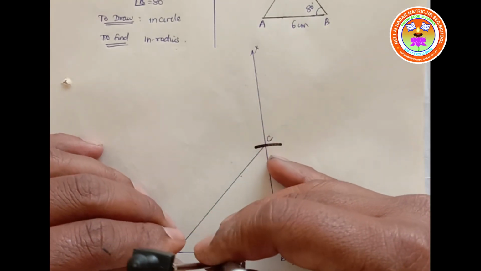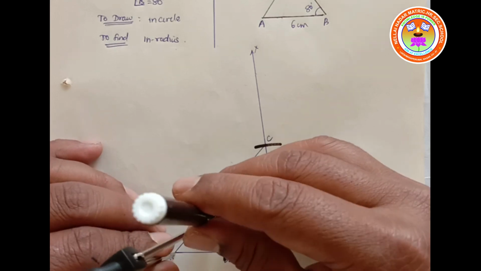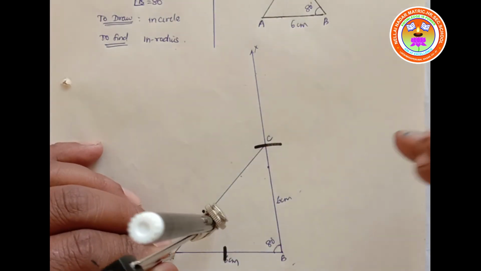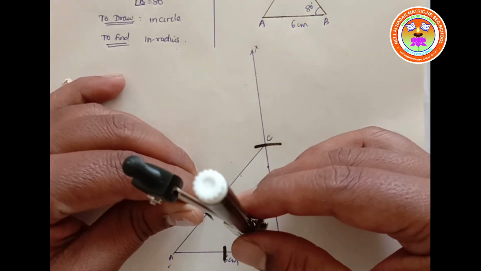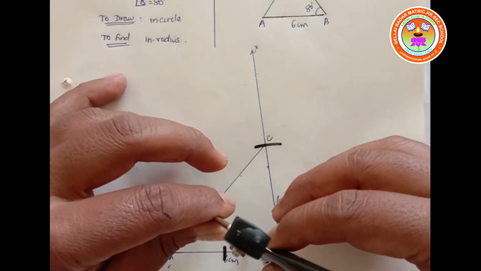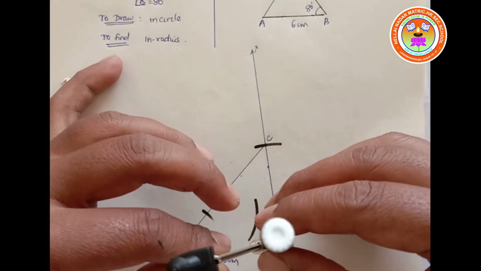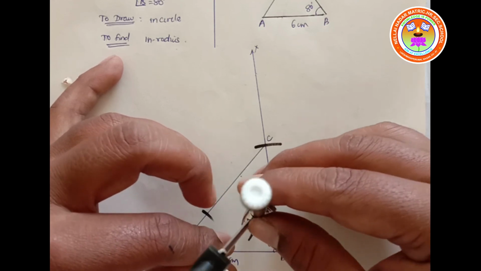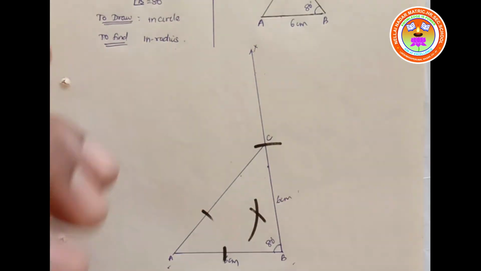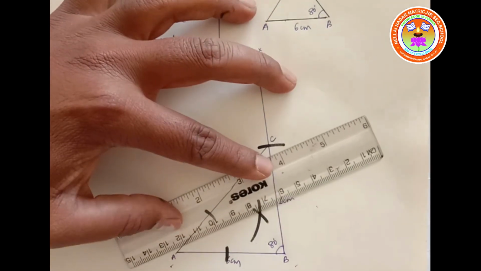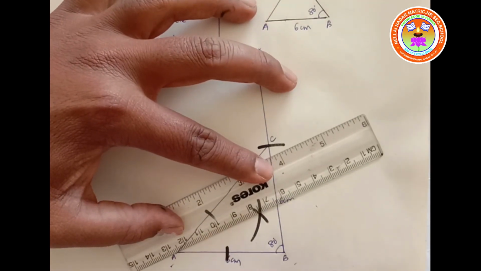Take any radius, cut the line AB and cut another line AC. With same point, with same radius, draw another arc. Again from this point, cut the previous arc. It's clear, children? Now, from angle A, we're going to draw the angle bisector.